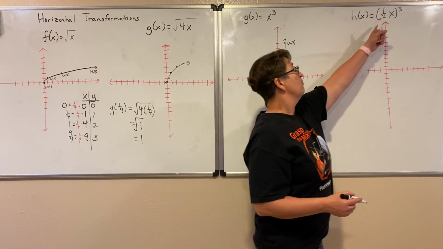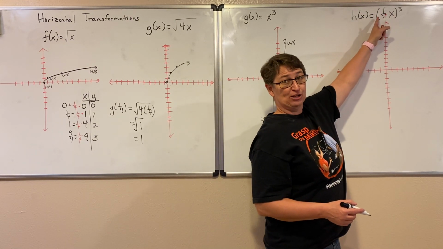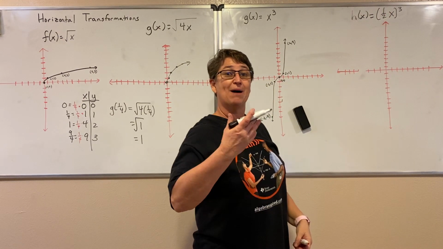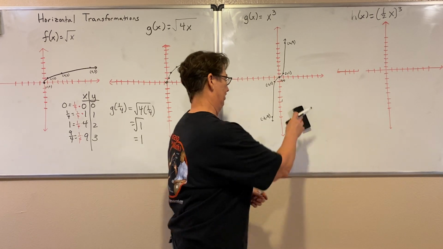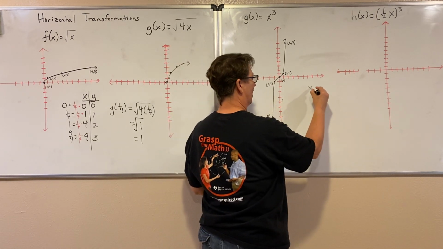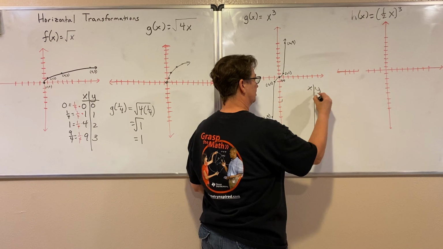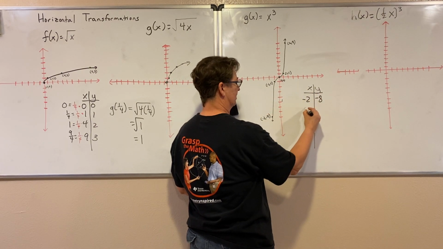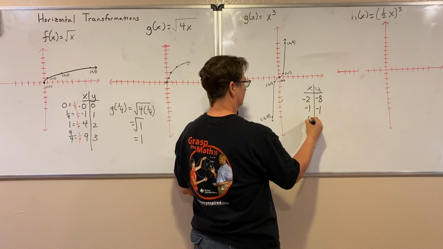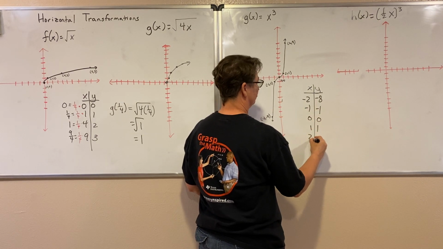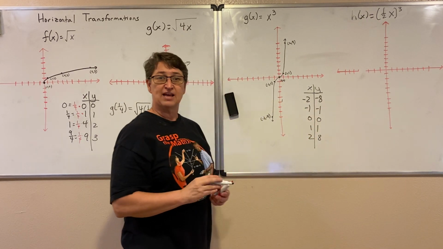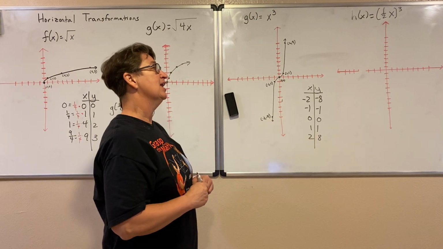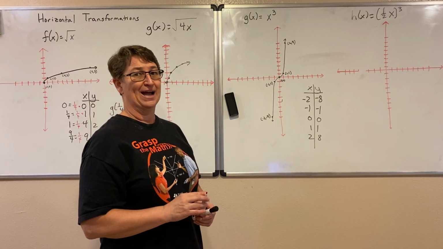So instead of multiplying by 1/2 or dividing by 2, we're really going to multiply by 2, by its reciprocal there. So I'm going to take all my parent function original points, so -2, -8, -1, -1, 0, 0, 1, 1, 2, 8. I'm just going to take all those x values and multiply them all by 2.